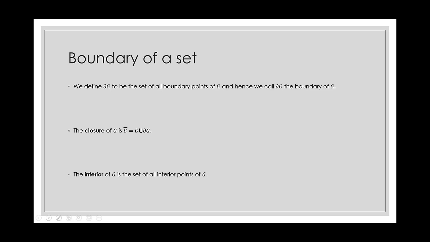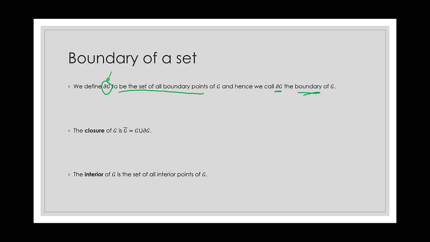Boundary of a set. Hopefully it's intuitive at this point what these things mean, but let's give them a mathematically precise definition. We define the boundary of a set G to be the set of all boundary points of G. It's almost the same notation we had back in Calc 3 with partial derivatives, but this weird delta G we define to be the set of all boundary points of G. That's why we call it the boundary.